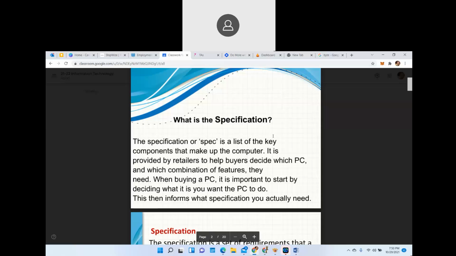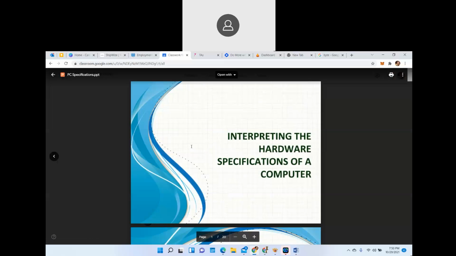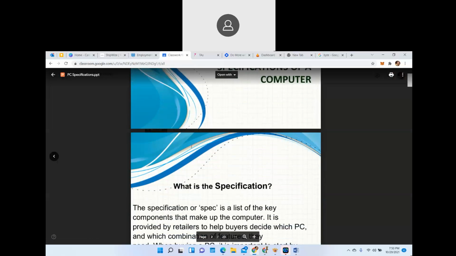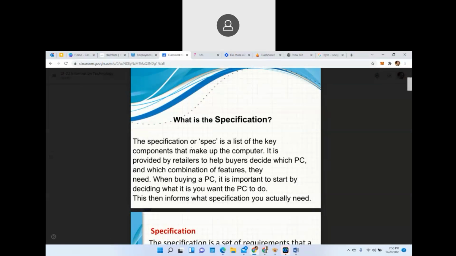So when you're going to purchase a computer, you need to understand what the key components are. Once you start to understand the key components that make up a computer, then you can make good buying decisions, right? So the specification is usually provided by retailers to help buyers decide which PC and what combination of features they need.